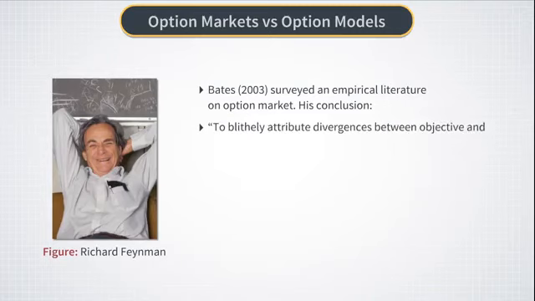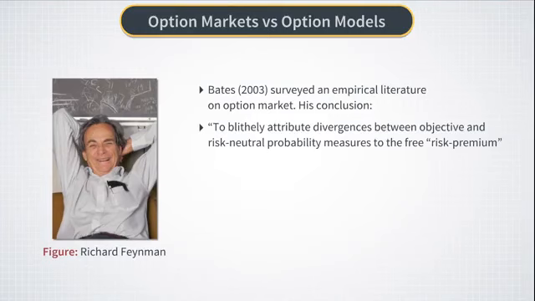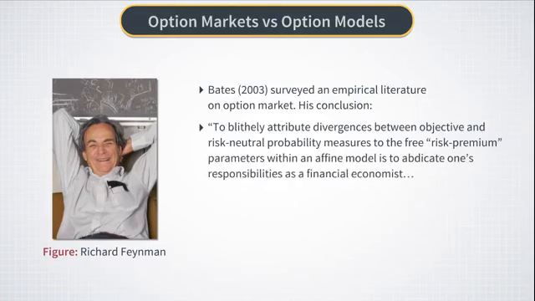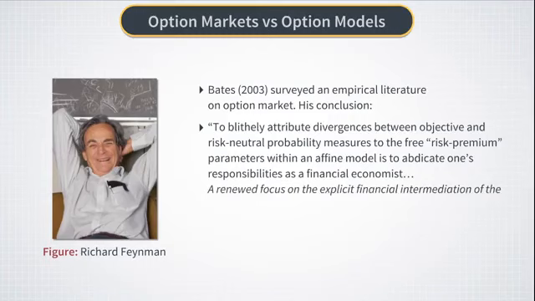He said the following: to blithely attribute divergences between objective and risk-neutral probability measures to the free risk premium parameters within an affine model is to abdicate one's responsibilities as a financial economist. A renewed focus on the explicit financial intermediation of the underlying risk by option pricing market makers is needed.